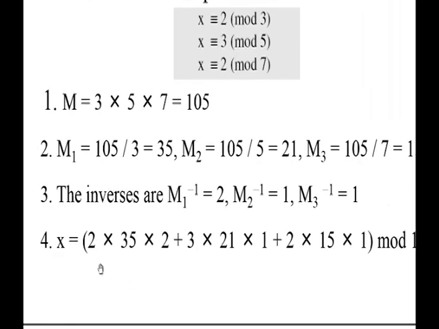So, here x is equal to a1 into M1 into M1 inverse. a1 here is 2, and we already found the value of M1 with respect to smaller m1, which is 35, and the multiplicative inverse we got is 2. So, 2 into 35 into 2 plus, similarly for the next equation a2, M2, then M2 inverse, then for the third, a3 with M3 inverse.